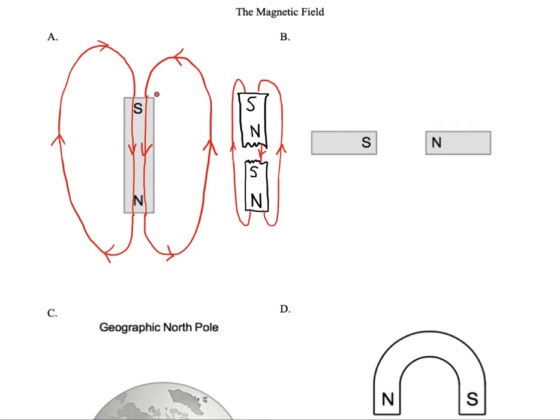All right, so we can probably get one more field loop in here. That looks pretty good for the magnetic field around a bar magnet.